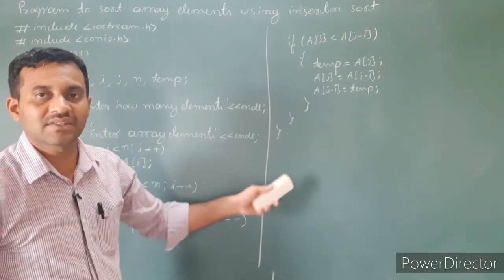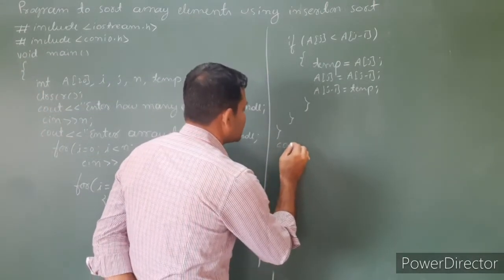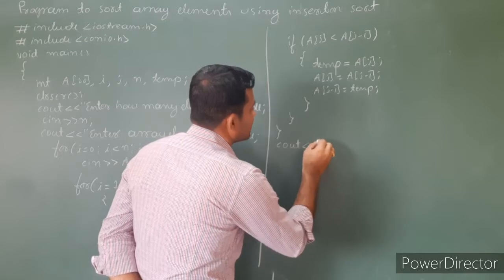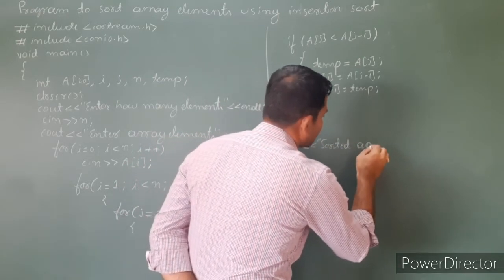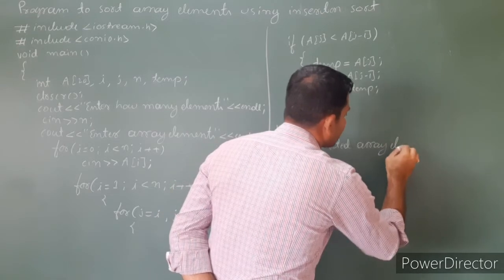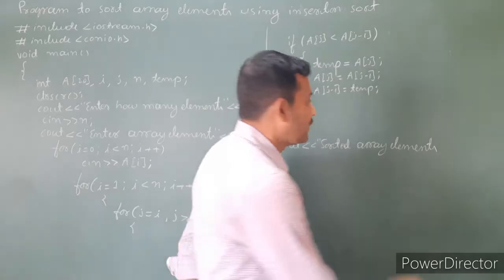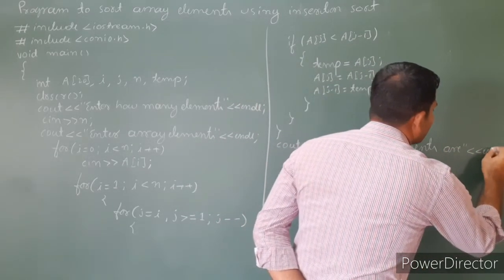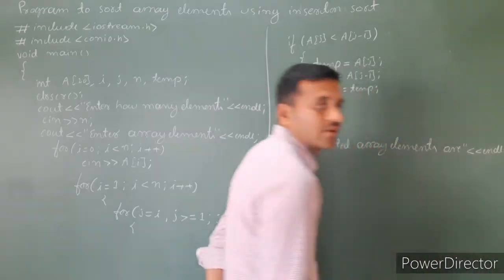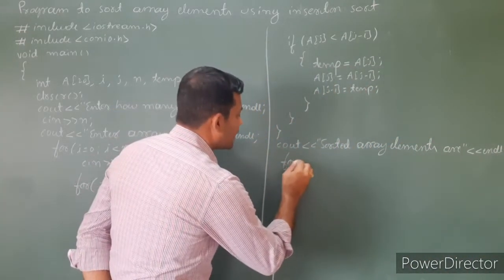Carefully observe the brackets. After that, display the sorted elements. So cout sorted array elements. Sorted array elements are: to print array elements, again use a for loop.